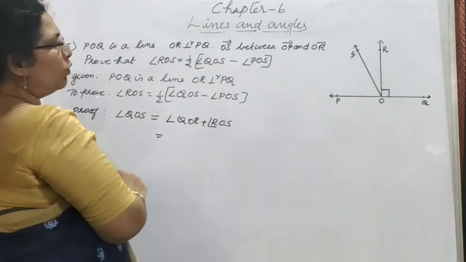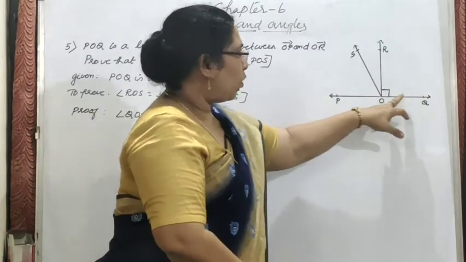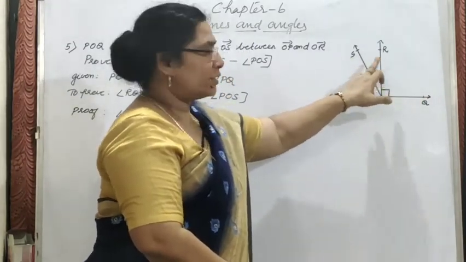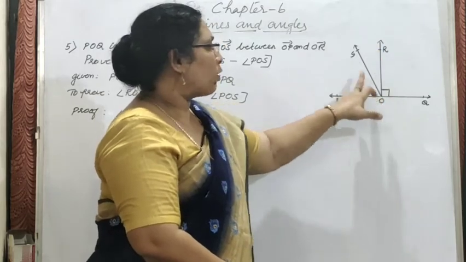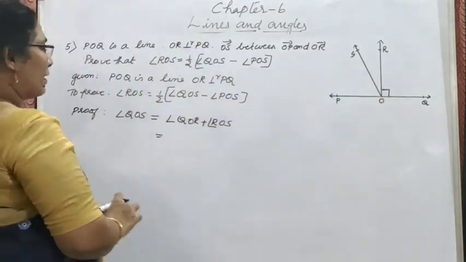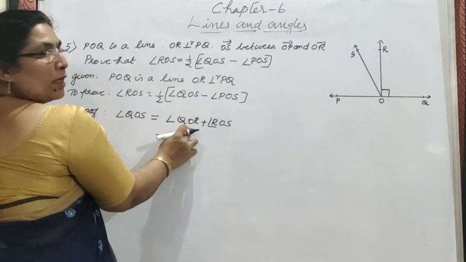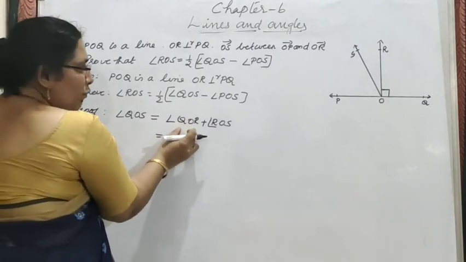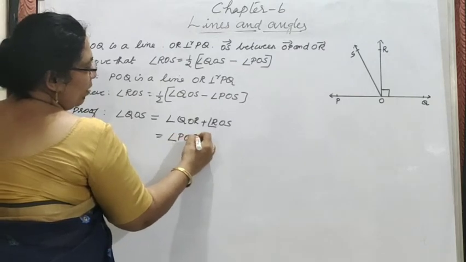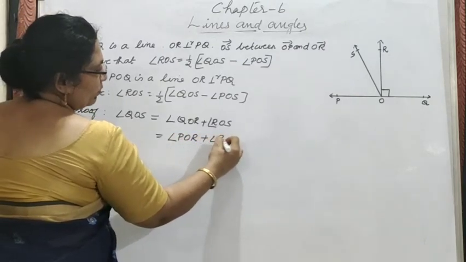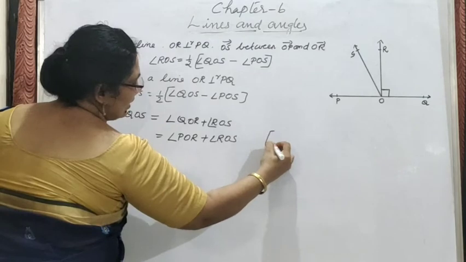See once again QOS. QOS means two angles will come. Which are they? QOR plus ROS, right? So we have written now. What is the value of QOR? It is 90 degrees. So instead of this angle, we are going to write now POR. What is the reason?